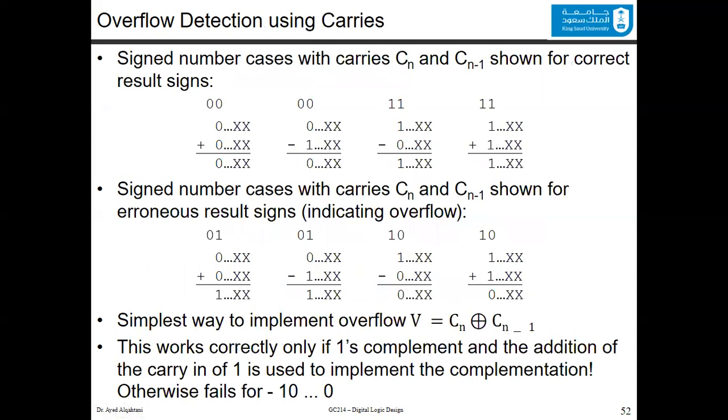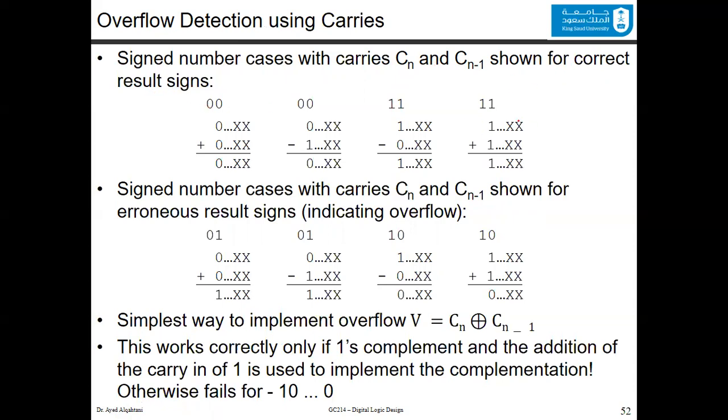Now, to find the hardware that performs the overflow detection using the carries, we check the signed number cases with carries Cn and Cn minus 1. So the carry at a certain stage and the carry before that. Those carries, we observe them, and they are shown for correct result sign.